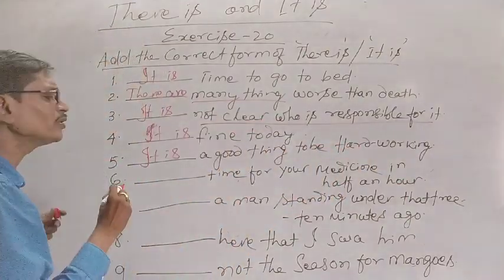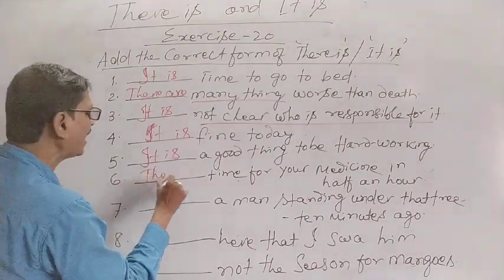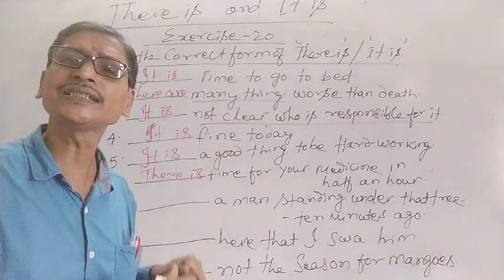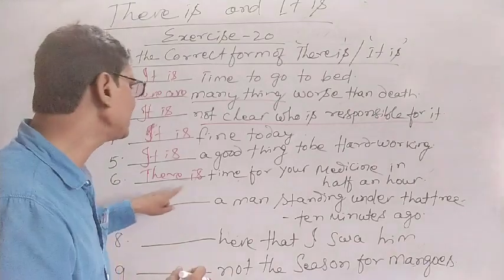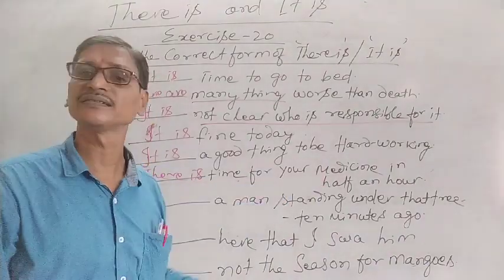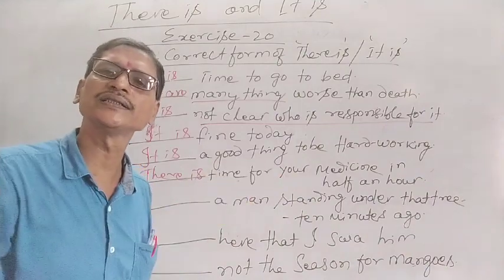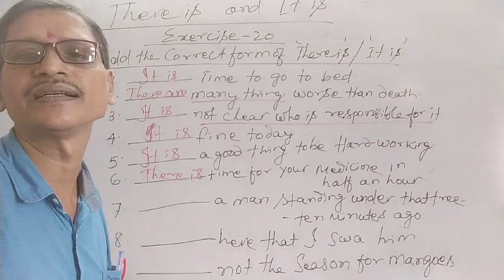So what can we use? There is time. There is time, because here it is talking about the existence of time. There is time for your medicine in half an hour. Still half an hour exists in our hand to take the medicine.